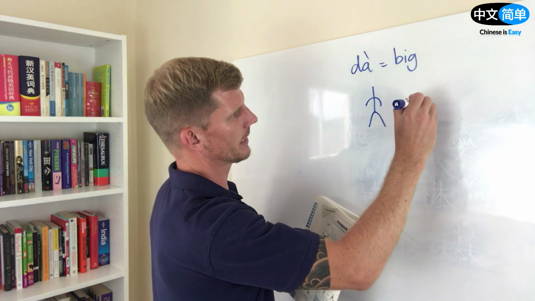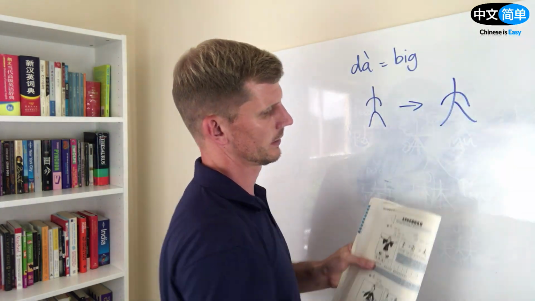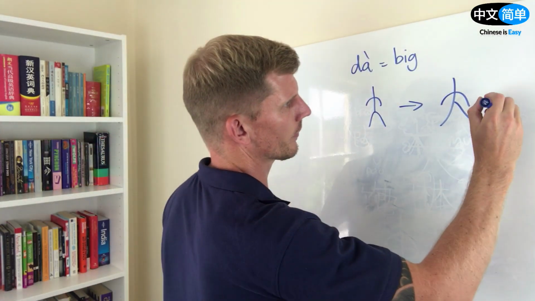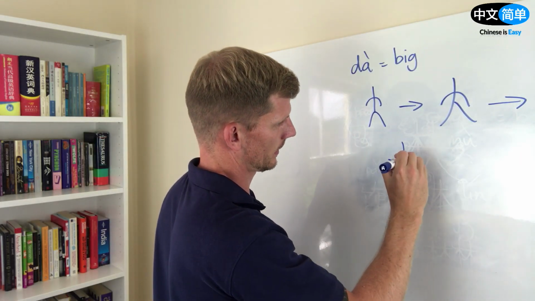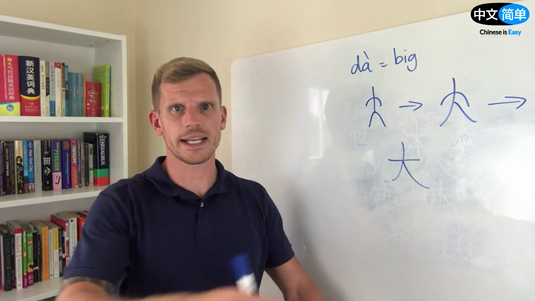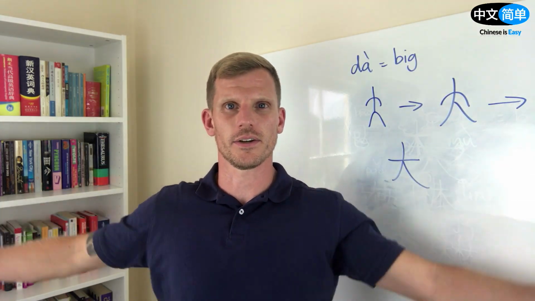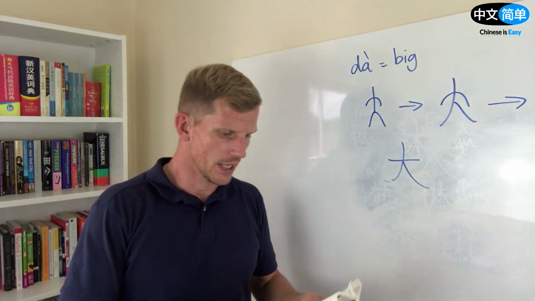And this then evolved to something like this. And then finally, we have the current version that we have now. And it's like this. And that is all from a character of a man standing like that or standing like this, okay, with his arms apart. So he looks like he's making himself big.